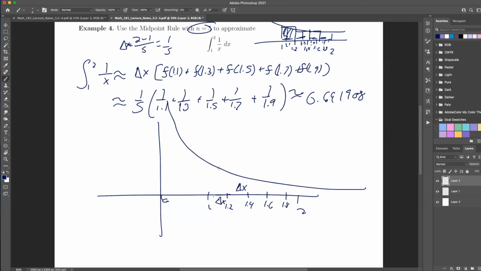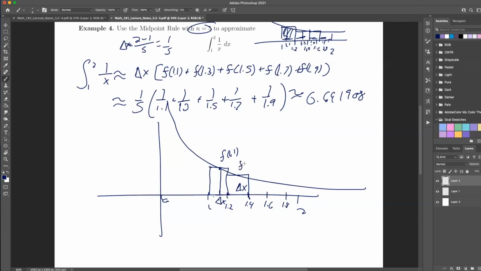Since we're using the midpoint rule, we're picking the point in the middle as our function value. So this is going to be f of 1.1, which is in between 1 and 1.2. For the next one, I'm going to pick the point 1.3, which is in between 1.2 and 1.4.